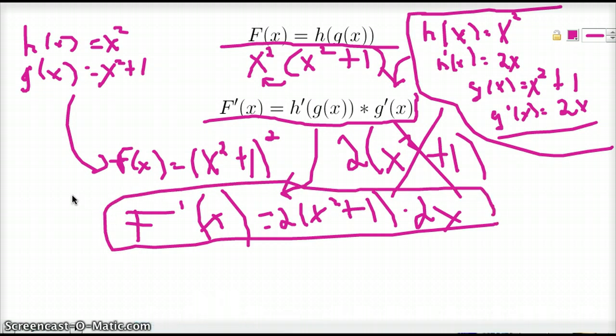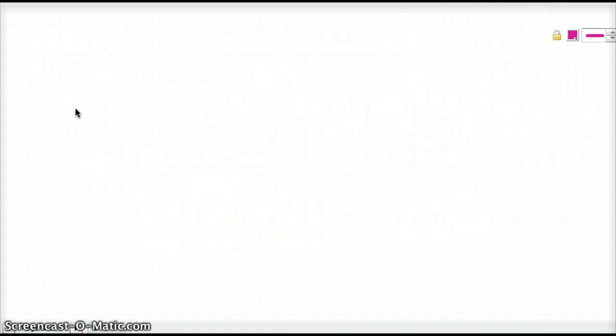Alright, so now we can do another problem. And this one will be a little harder. This time, let's take the sine of x squared plus 1. And you have to use the chain rule for this. There's no other way to find the derivative.